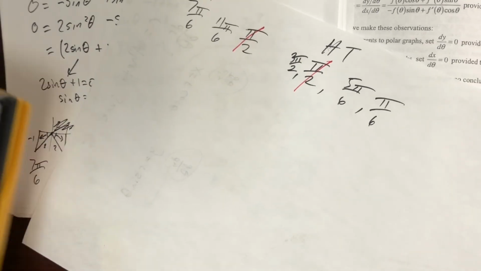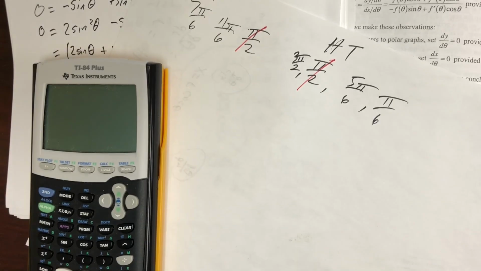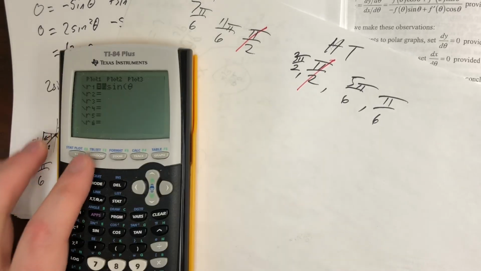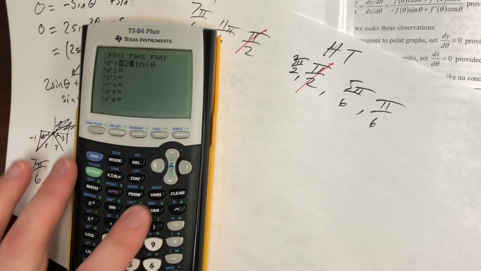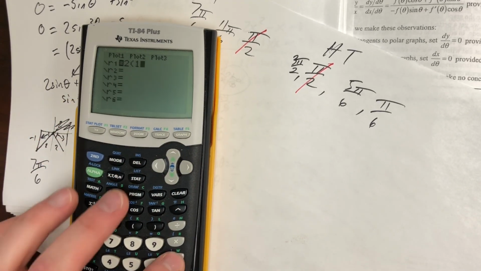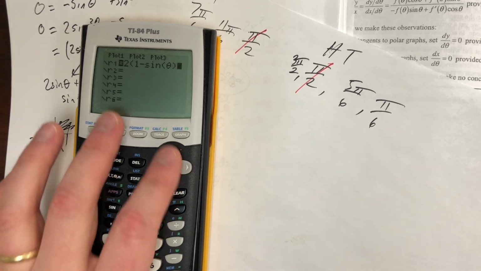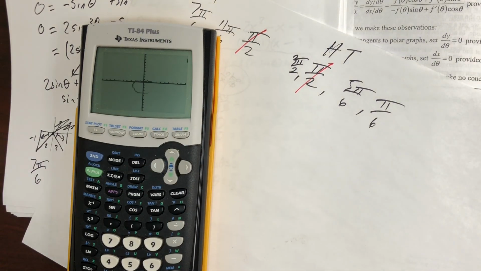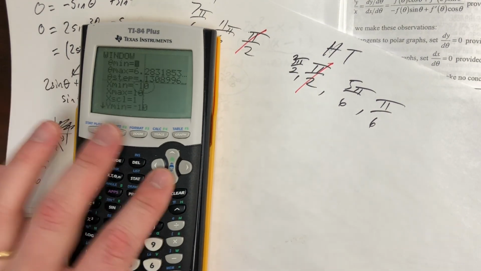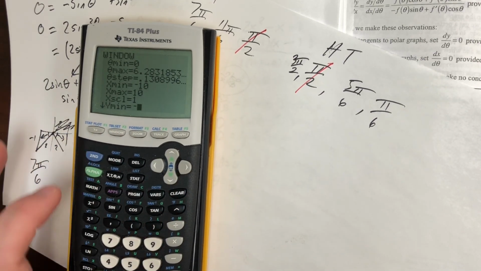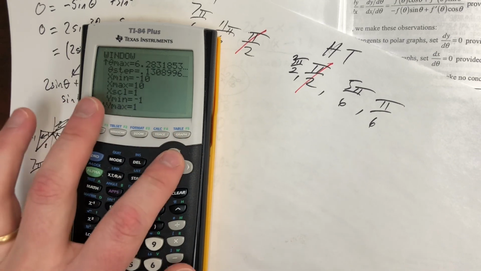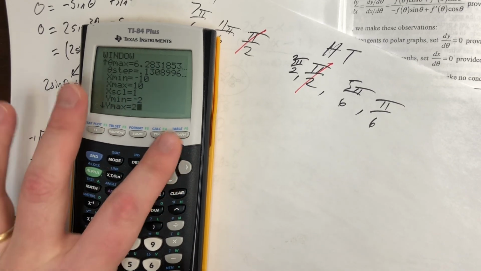If we go look at the graph, let me zoom back to standard. 2 times 1 minus sine theta, hit graph. So my y values, let me go from -2 to 2.